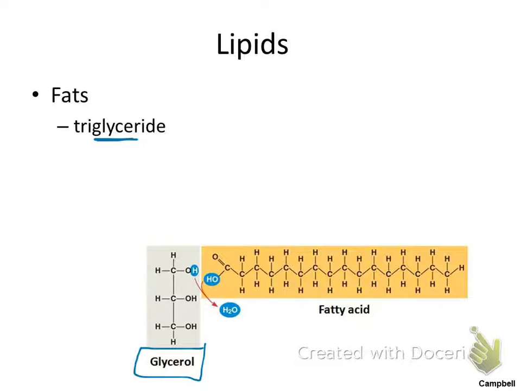It also has a tri, which tri means what? 3. It means 3. So triglyceride has 3 of these fatty acid tails. It's only showing us 1 in the picture. But you should make a note that it technically has 1 glycerol group and then 3 fatty acid chains bound to it. And those act like the monomeric units for triglyceride.